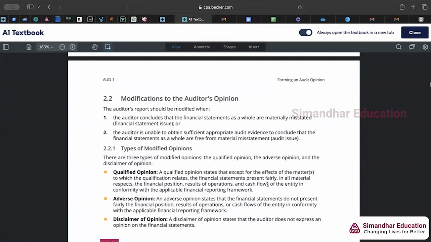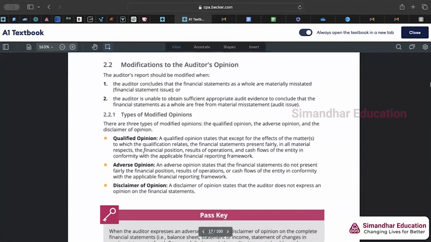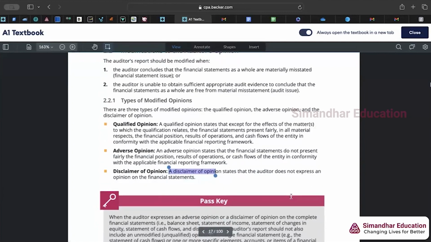Except for that one error, except for that one material misstatement that you found, everything else is right. In case of an adverse opinion, financial statements do not present fair presentation. In case of disclaimer, the auditor does not express any opinion. In adverse, you're giving an opinion that it is not right. In disclaimer, the auditor does not give any opinion.